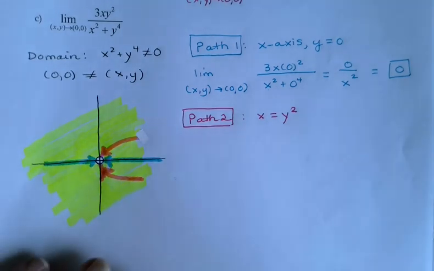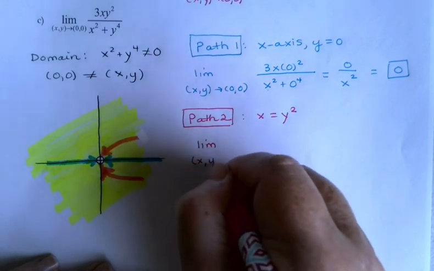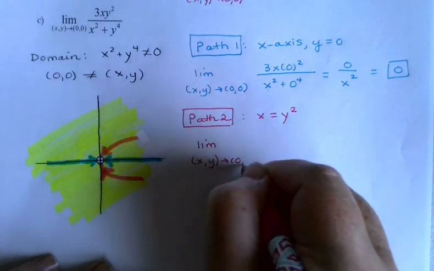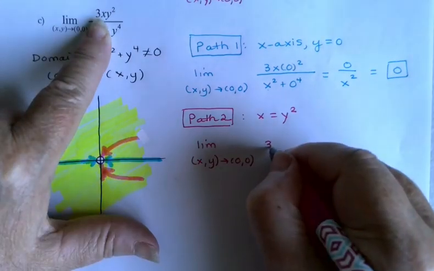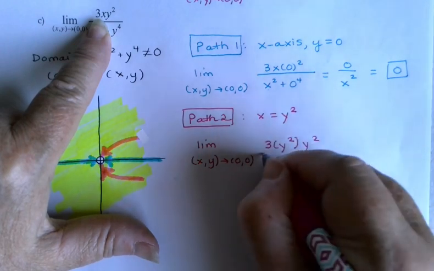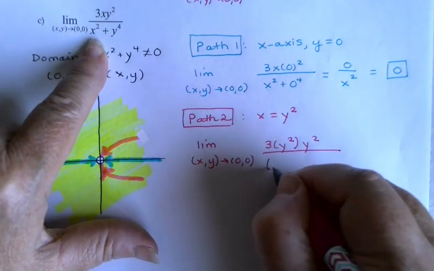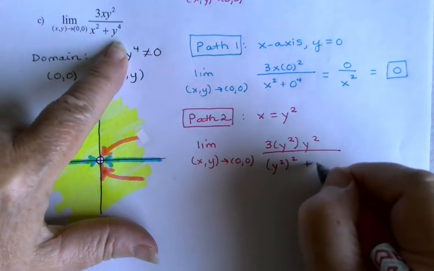Let's try it out. Once again, I'm going to rewrite my limit, replacing the x's with y squared. The denominator would be y squared to the 2nd power plus y to the 4th.